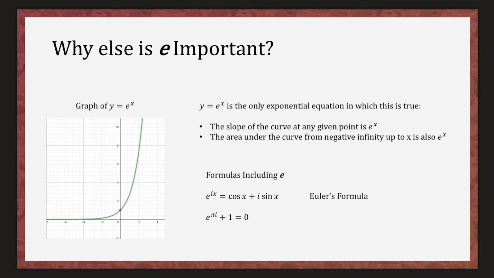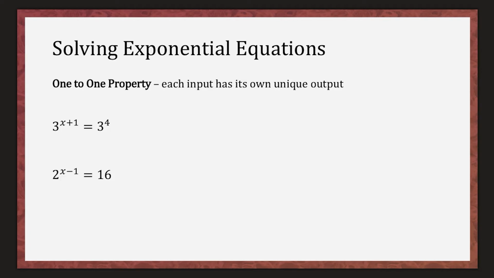Now that we've learned about e and exponential functions, let's look into solving exponential equations. If we are going to talk about solving exponential equations, we need to go back to the graphs of exponential equations. Remember the graph of 2 to the x, for example, started off low and went through the y-axis at 1, and then it went up exponentially high. And the important thing about this is every input value had a unique output value.